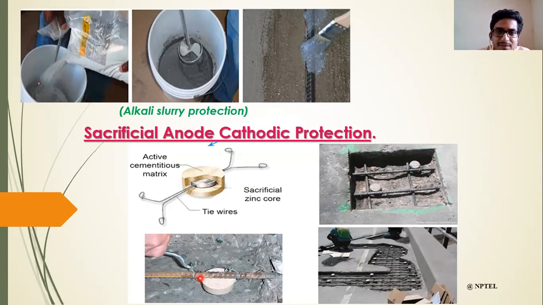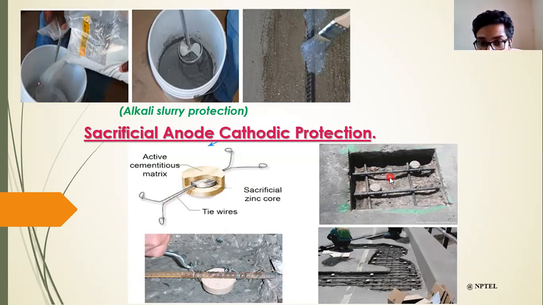Sometimes we are not giving enough patience to a good surface cleaning process. Because if the tie wires don't touch the actual surface of the steel, it won't work. If they touch the rust surface, it won't work properly, and ultimately you will say that the technology is not good. So be sure that there is a proper connection between the anode and the reinforcing bars, and that proper cleaning has been done very nicely.